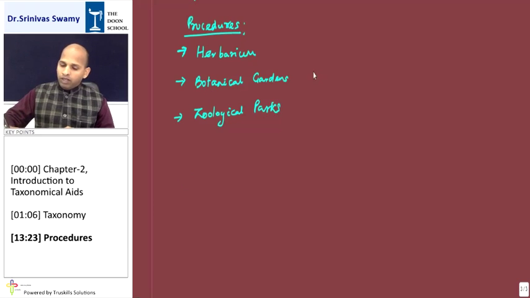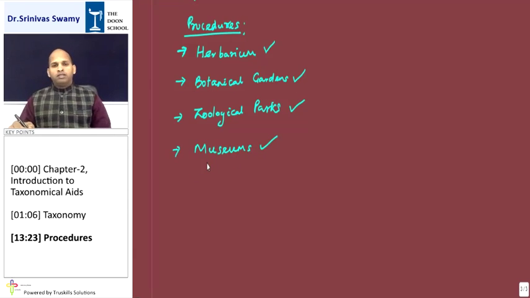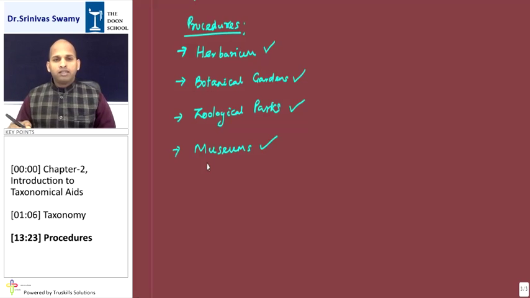And obviously, of course, the museums. So these are the four parts that we will discuss in our next sessions, and try to find out how these aids help in taxonomical studies.